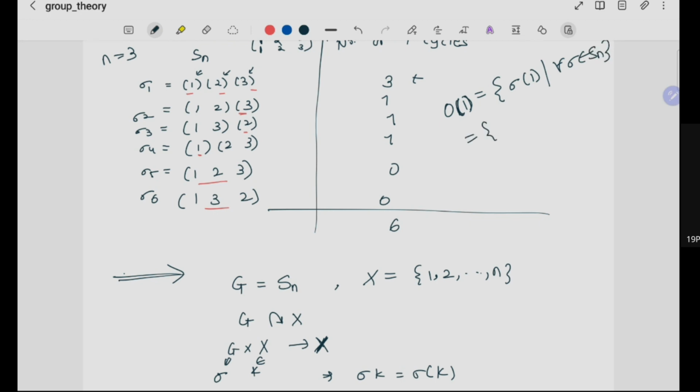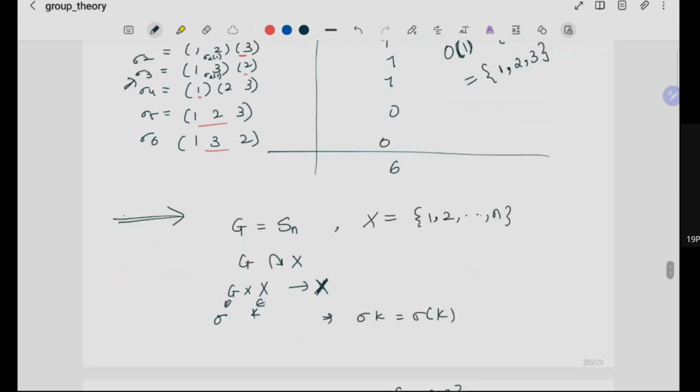When sigma is sigma 1, then 1 is going to 1. When sigma is sigma 2, 1 is going to 2. So this is my sigma 2 of 1. And in the third permutation, we get this as well. These are all the possible choices.